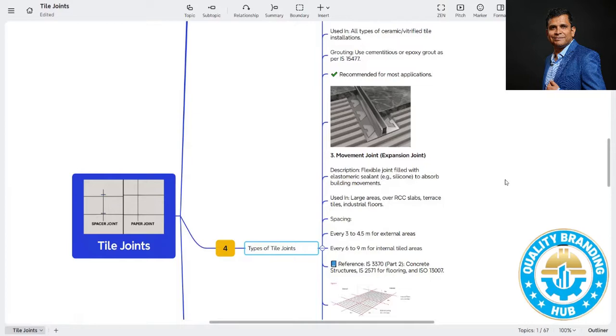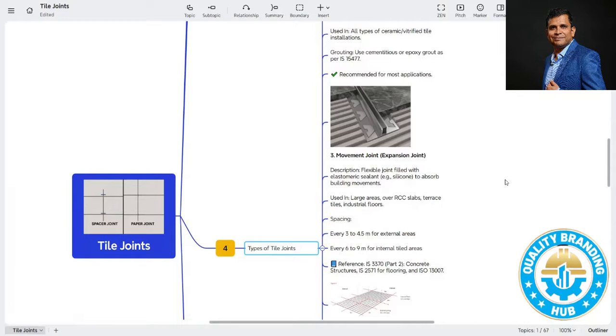The spacing is 3 to 4 meters, but as per the project specification, IS 15622, or the client requirement, you can provide the joint, and every 6 to 9 meters for internal tiled areas. This is not a common rule; whatever we suggest should be as per the structural designer's recommendation. The references we can take are IS 3370 for concrete structures, IS 2570 for concrete flooring, and ISO 13007.